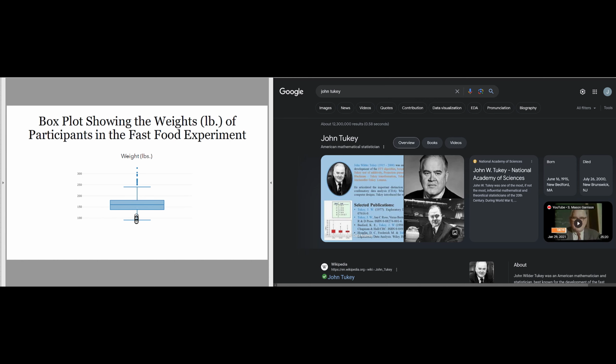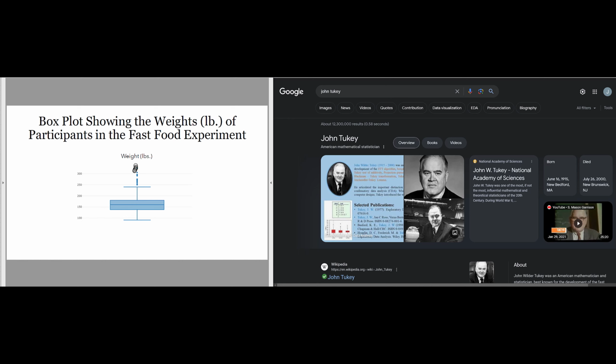Then in the lower quartile, the lower 25%, the lightest weight person that we have in our entire data set is around 90 pounds. We have nobody lighter than 90 pounds. So the entire lower quartile is contained and described within this so-called whisker. On the upper end, we do have some outliers.